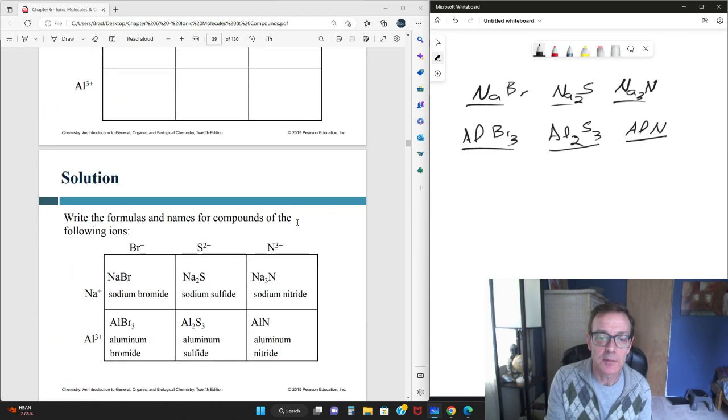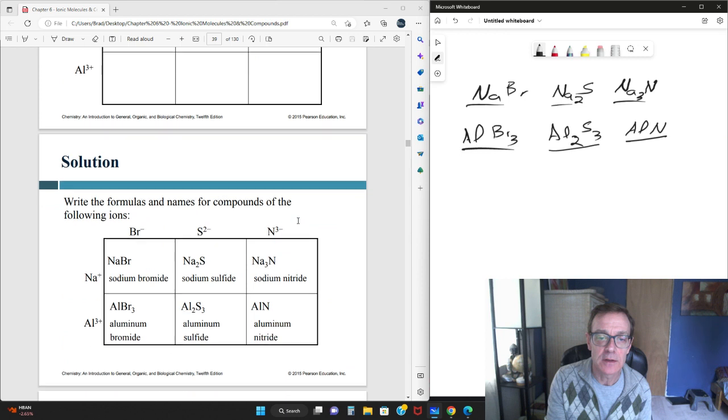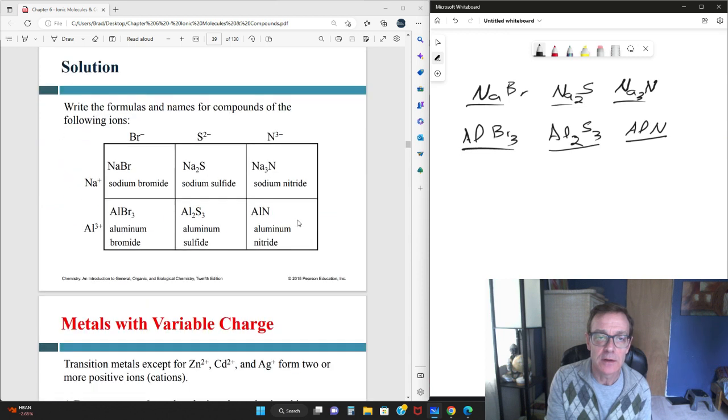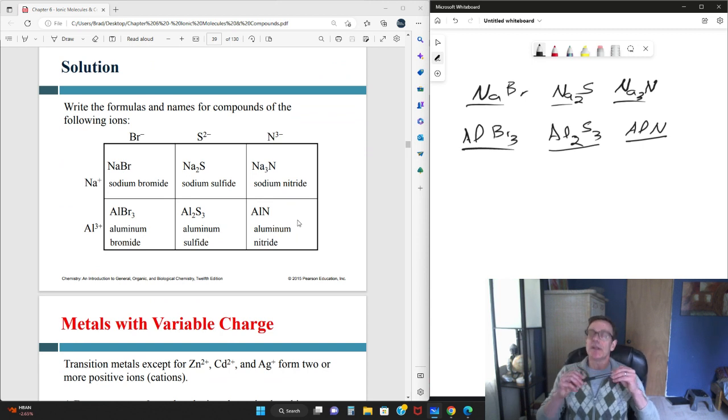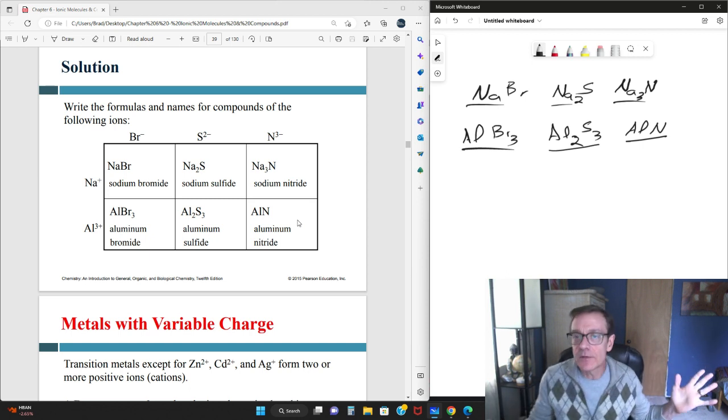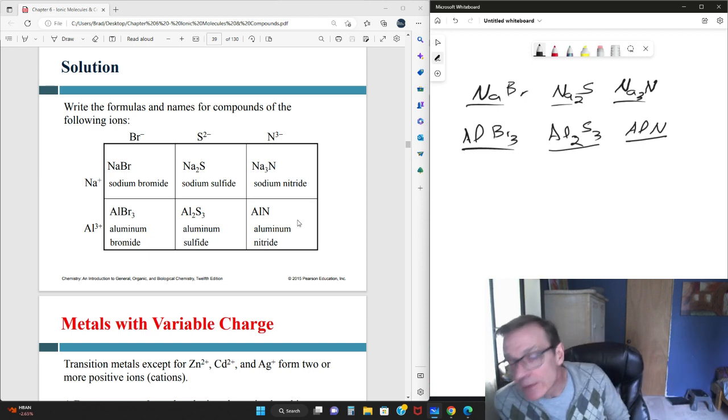Double check aluminum. Yes, if you don't know where it's at, then you'll have to refer and see if it's in group 1, 2, or 3.